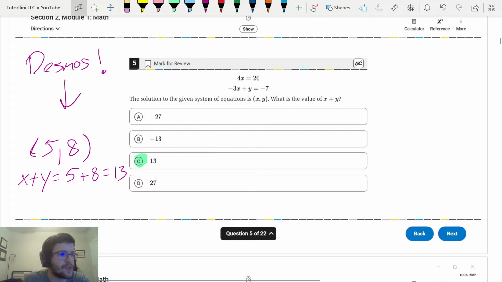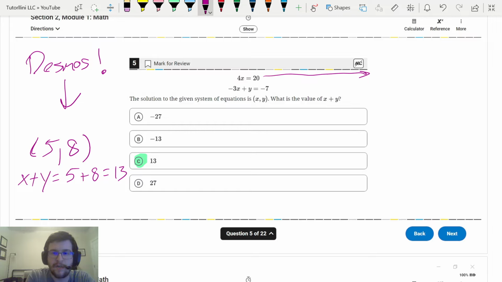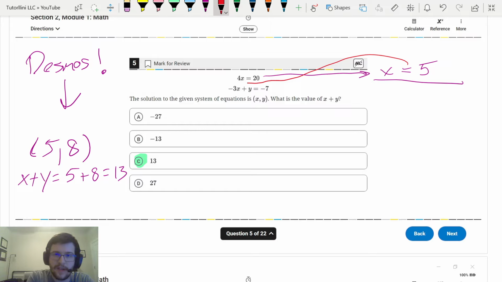Now, for this one, we could do substitution or elimination. I think substitution works really well. So I'm going to get x by itself. I'm going to divide both sides by 4, and I get x equals 5. Now I'm going to substitute it into here.